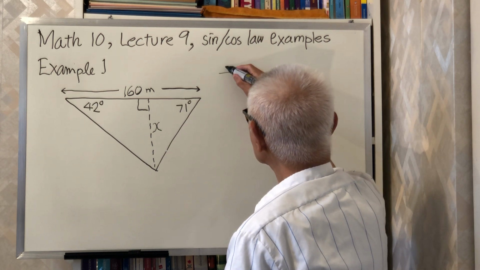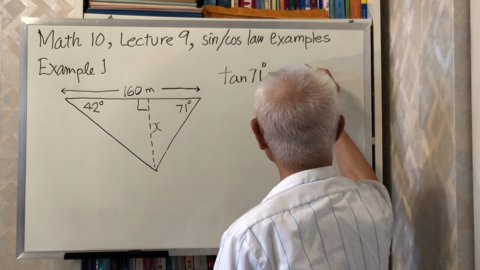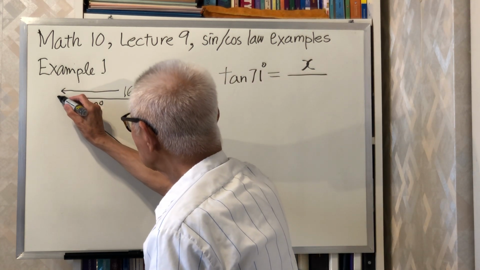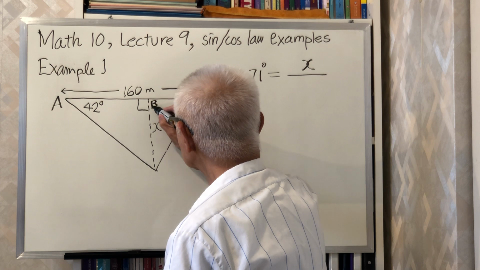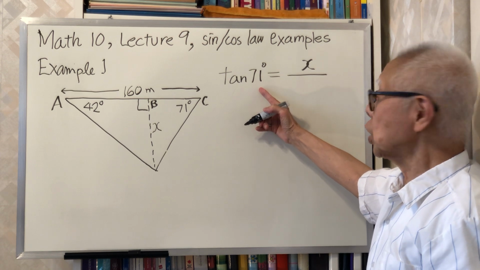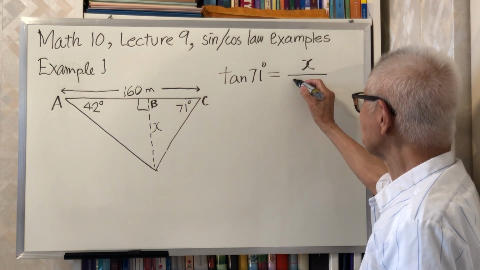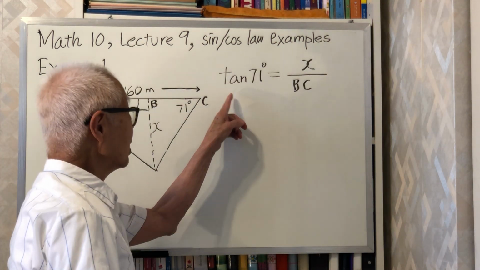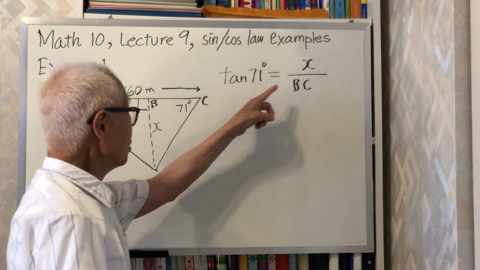So, A, B, C. Tangent 71 degrees should be x divided by BC.